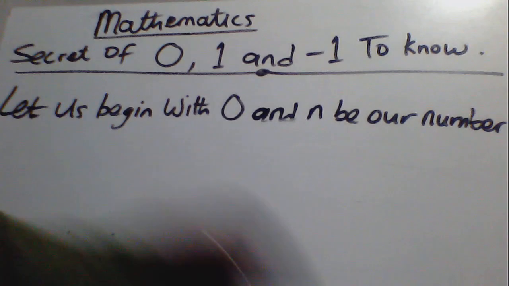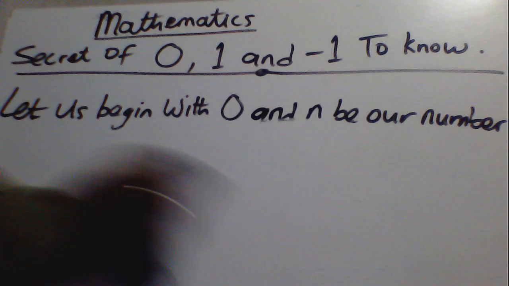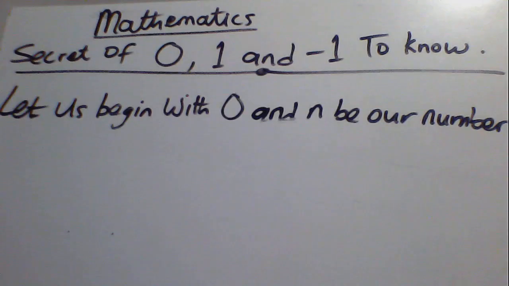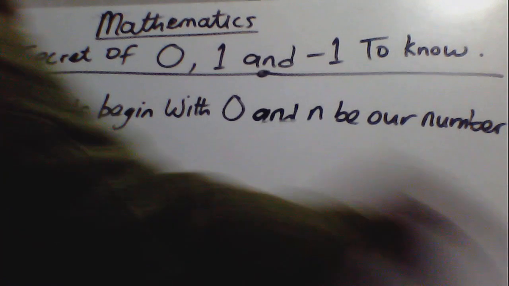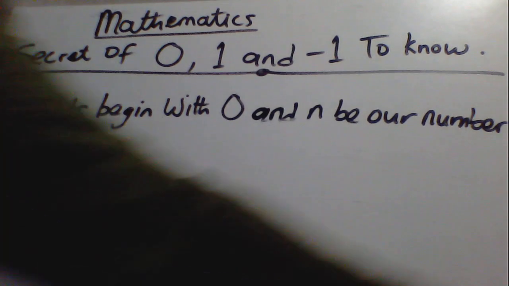The 6th is subtracting a number from 0 equals the negative value of the number. Subtracting a number from 0 equals what? The negative value of the number.